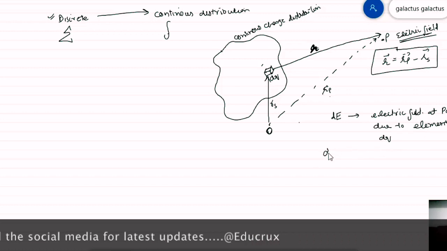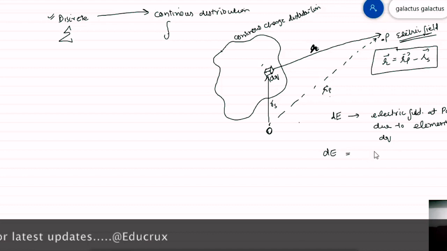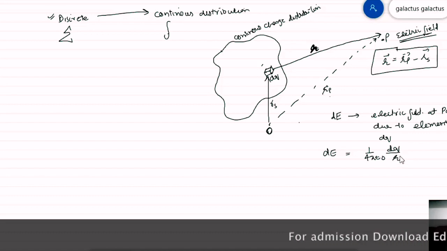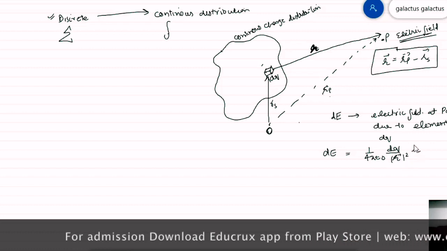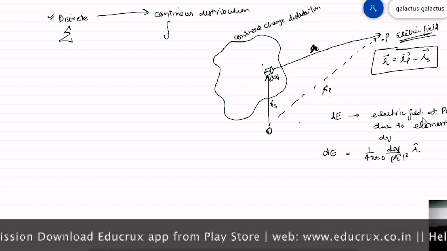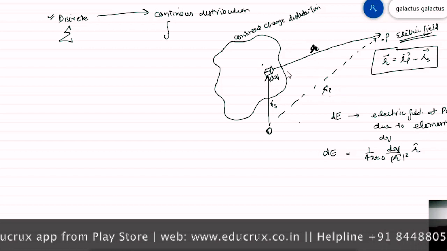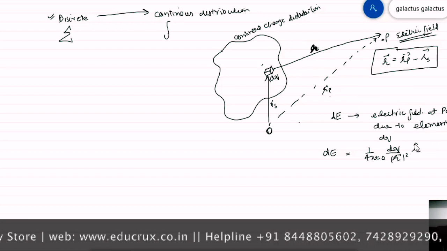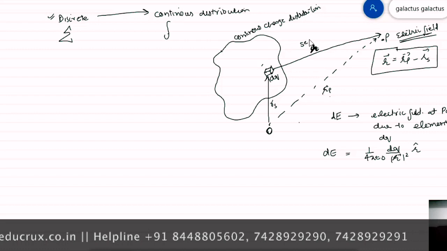So dE will be equal to 1 by 4 pi epsilon naught times dq upon mod r vector squared into r cap, because the direction of the field will be along the r cap vector, that is the separation vector.